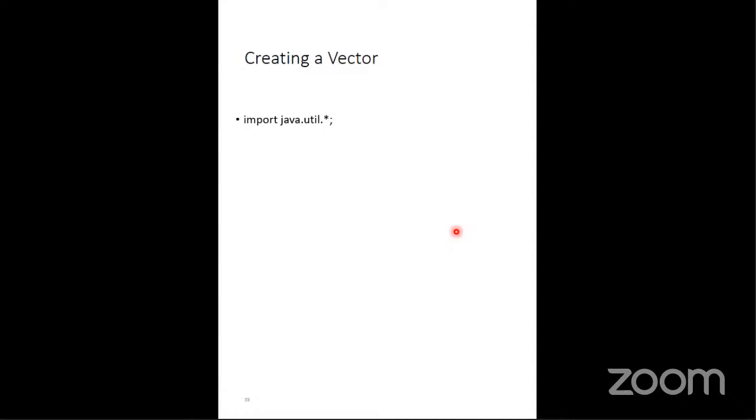So you have to write import java.util.Vector, or you can write java.util.*. If you want to access only the Vector class, in place of the asterisk you can write Vector. Then you create a vector like this: Vector vec1 = new Vector(), just like how you create an object of any class, like a student object or an employee object, or a string object.